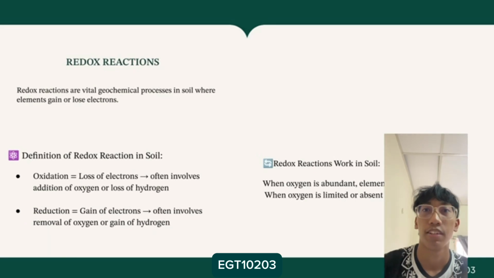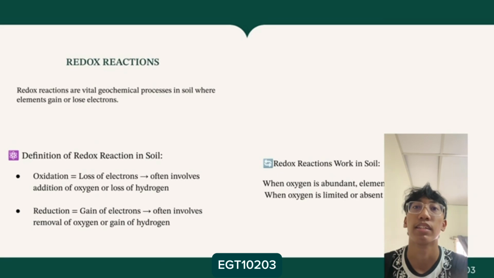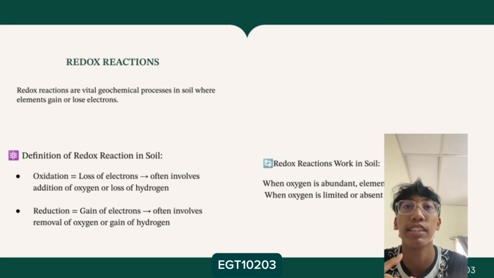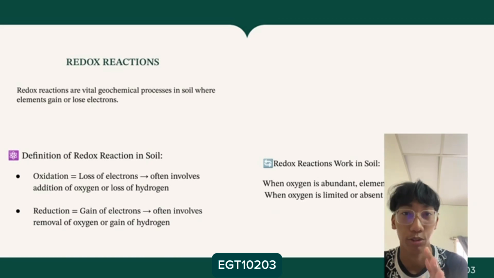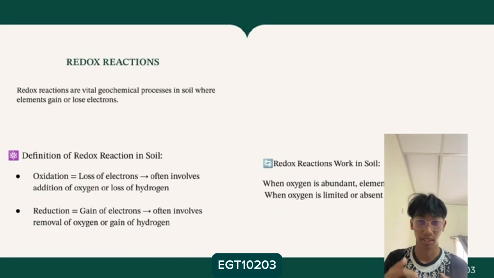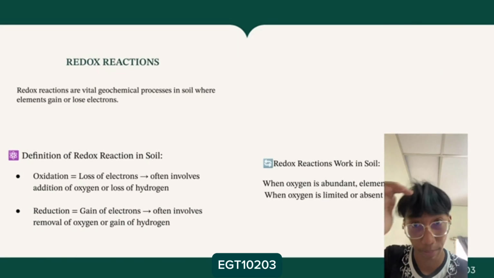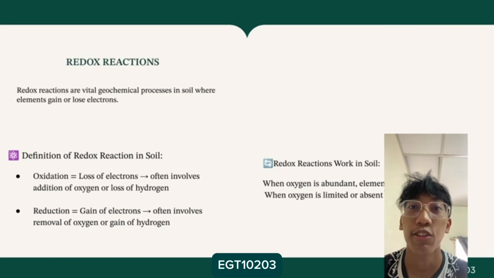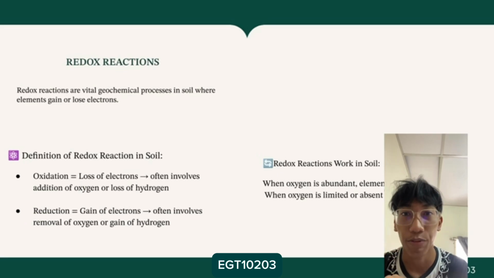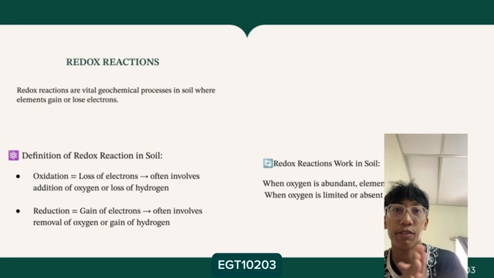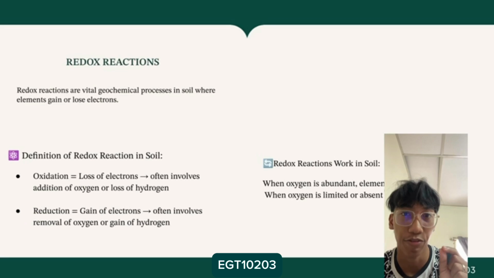So oxidation and reduction mean losing and gaining, and you can easily remember that. In soil, redox reactions change the chemical form of elements like iron, manganese, nitrogen, and sulfur. This change affects their color, mobility, and availability to plants.